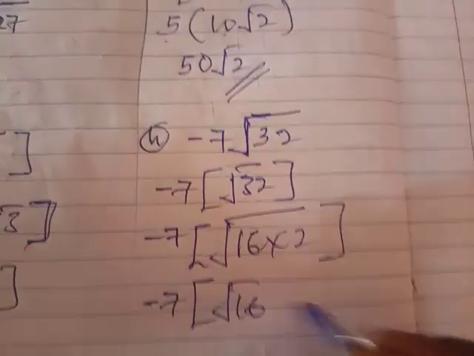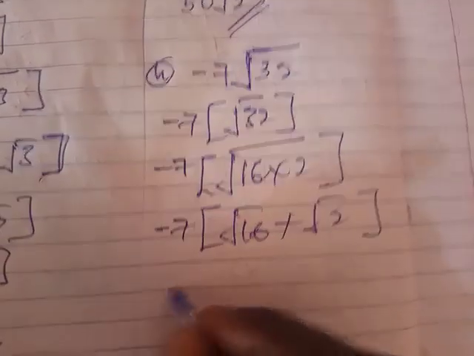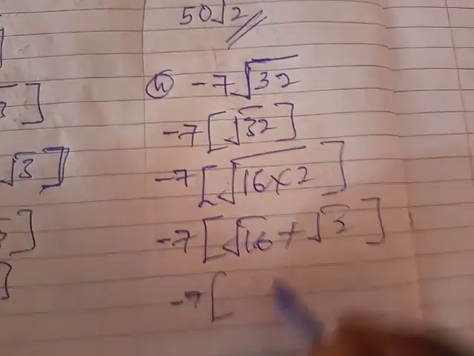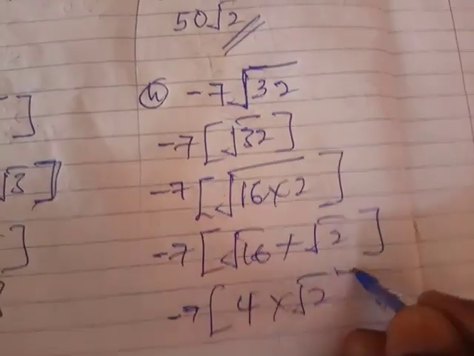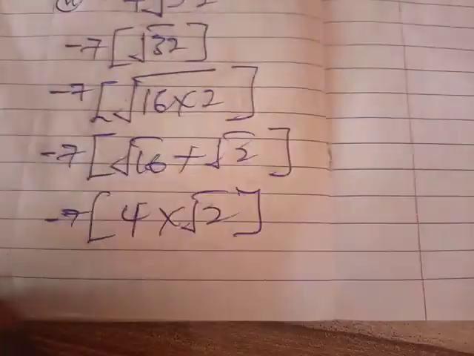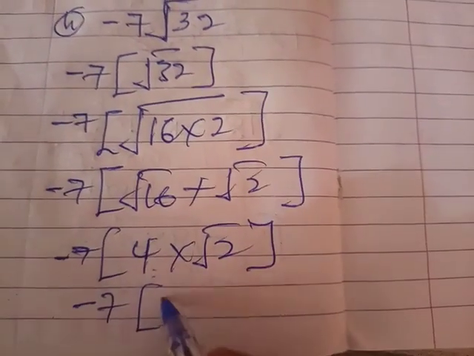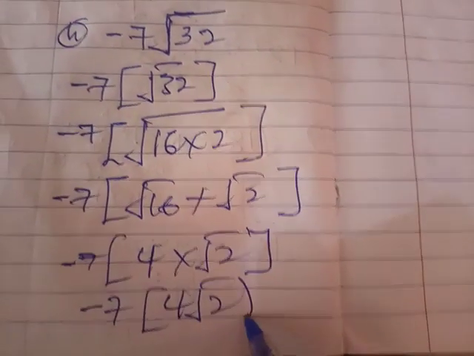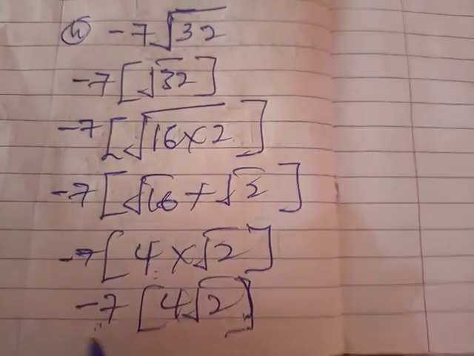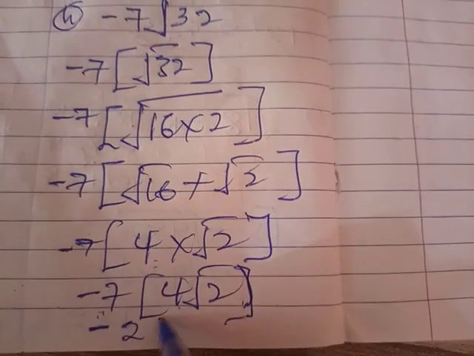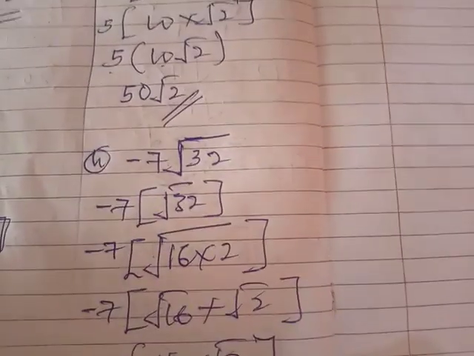We have root of 16 times root of 2. Root of 16 is 4. And from here, we have negative 7. 4 times root of 2 is 4 root of 2. So as soon as you get here, this negative 7 can multiply 4. So we have negative 28 root of 2. And that's your final answer.